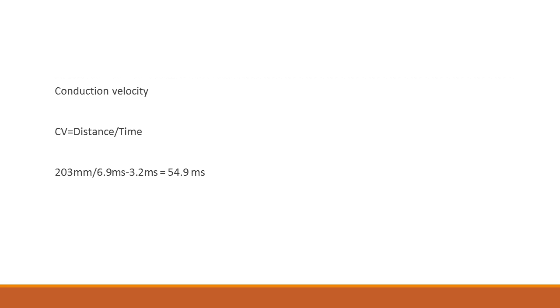And I'll be honest, here in my lab, we do them in millimeters, so that the 1 millimeter falls away and we end up with meters per second. And then we take our latency, so this is our proximal latency, and subtract our distal latency, divide those in, and we get our velocity.